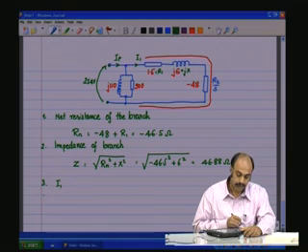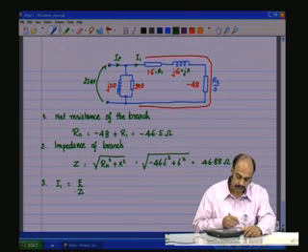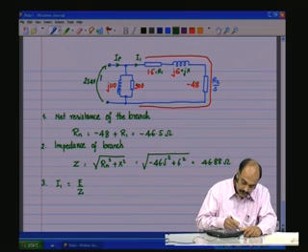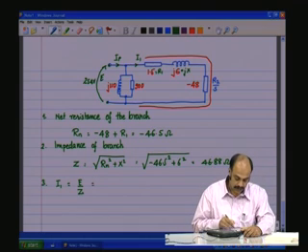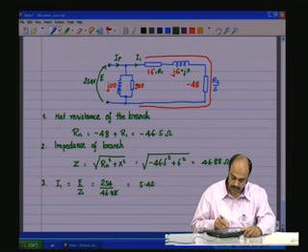I1, the current in that branch, will be equal to E by Z, where E is that, and that will be equal to 254 divided by 46.88, and that is equal to 5.42 amps.